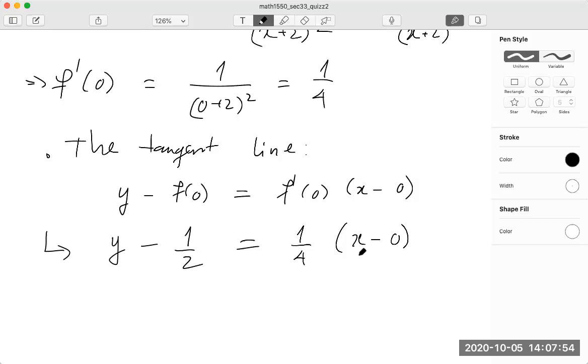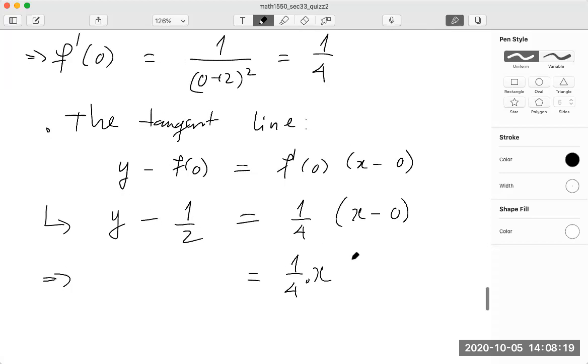So now everything is easy. We just simplify it. So this one, the right-hand side, what is it now? Yes, 1/4 x or x/4, it is the same thing. And can we get rid of the number minus 1/2 here?